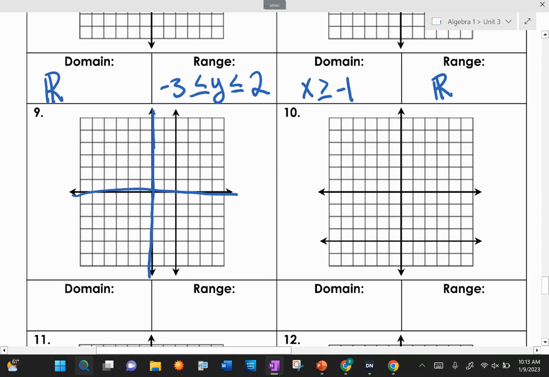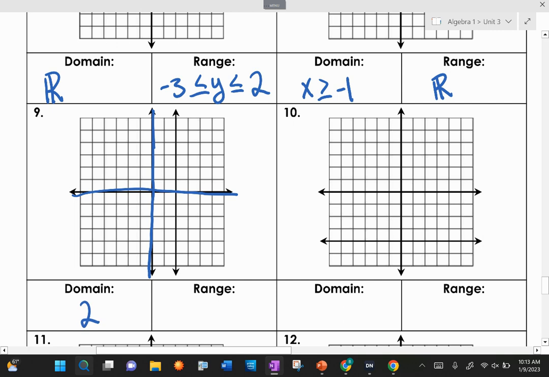Okay. Let's keep going. Number 9. All right. So how do we label the domain if it doesn't move to the left or the right? What is the value of x? 2. So how do you write that? You can't just write 2.